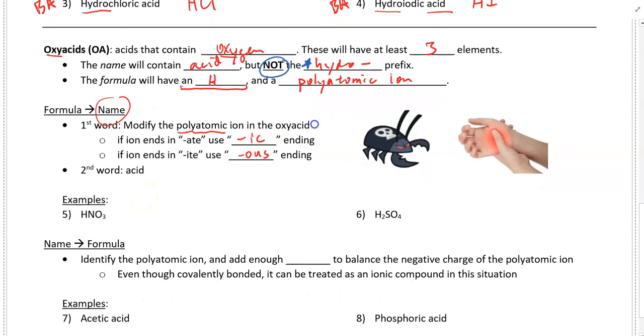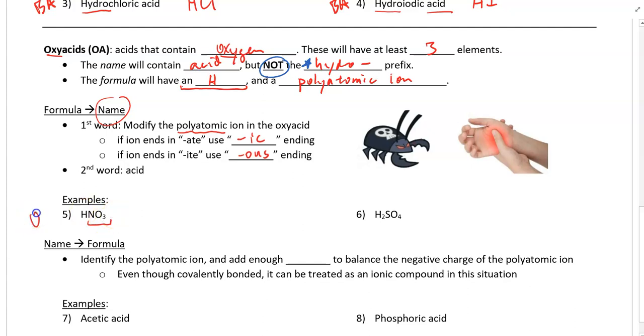All right, here we go. Let's take a look at some examples. First one, HNO3. Of course, we're looking at the type of compound before we do any kind of naming. You see H in front, that's classic acid, but more specifically, which kind of acid? It's going to be an oxyacid. How do you know it's an oxyacid? For 2 reasons. One, you see the O there, but more importantly, you recognize that NO3 is the formula for one of our classic polyatomic ions. So this time, we have an H and a polyatomic ion.